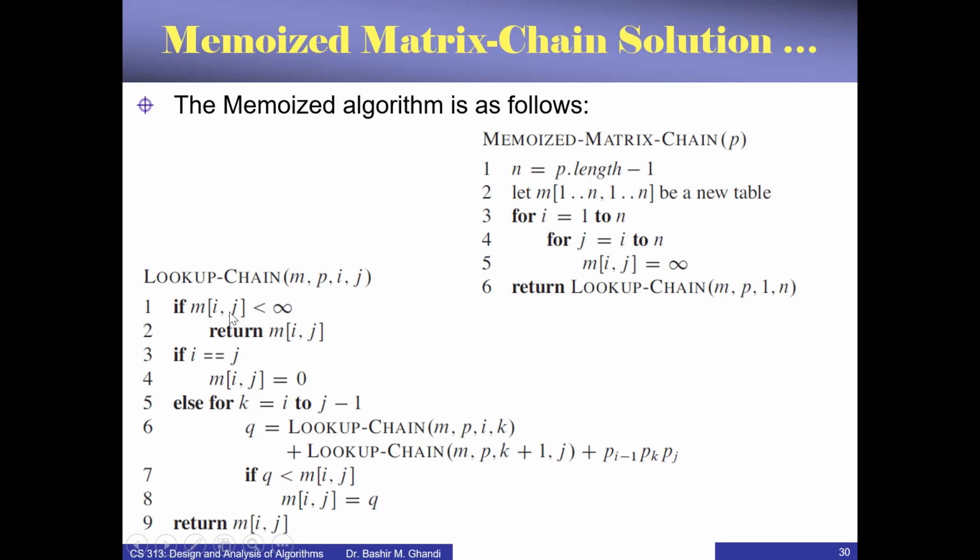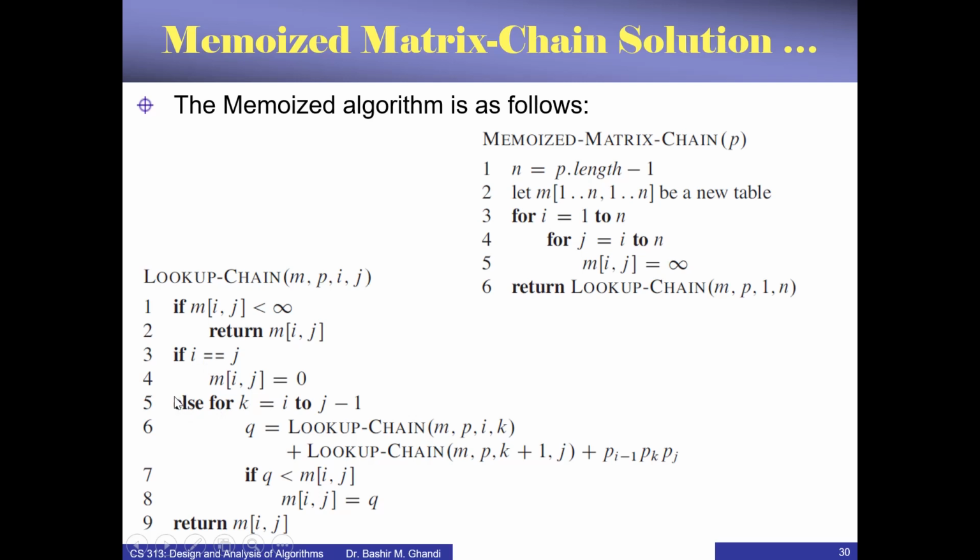But if it was not computed before, now we have to follow the algorithm as before. So first we check if i is equal to j. Then in this case there is nothing to do, just assign 0 to the cell, save it and then return it. This will be one of the best cases.